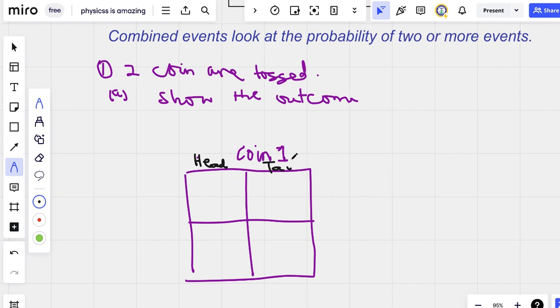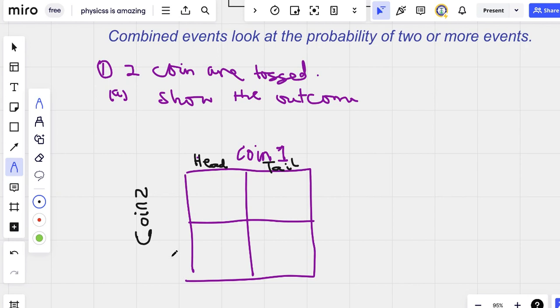But the question says two coins are tossed. So on this side we also have another coin, and we call it coin 2. The same way, we have head and tail.